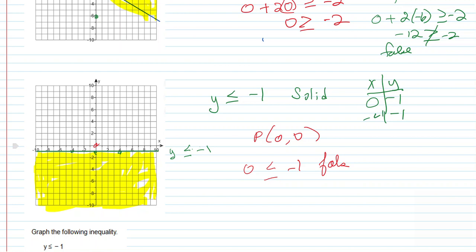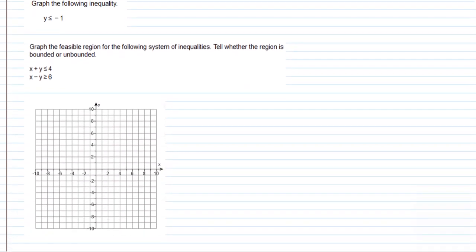And let's test it. I want to do this point right here, 4 and -3. It's our test point that it does work. So y is -3 less than or equal to -1. True. So we are fine on that shape.